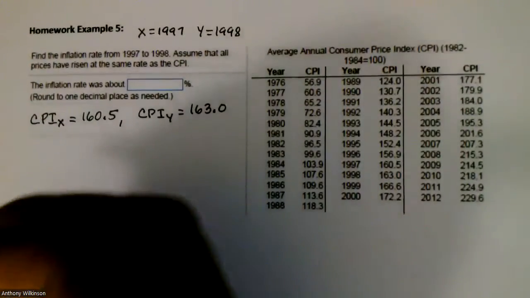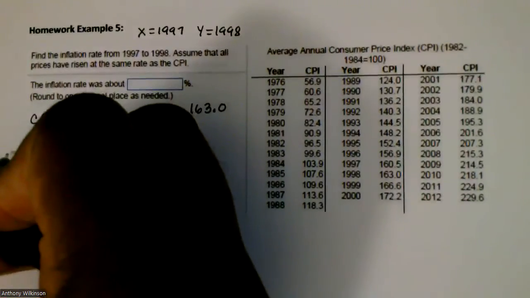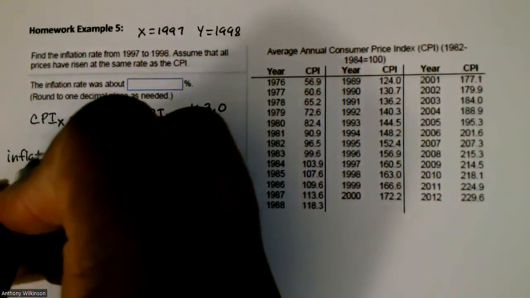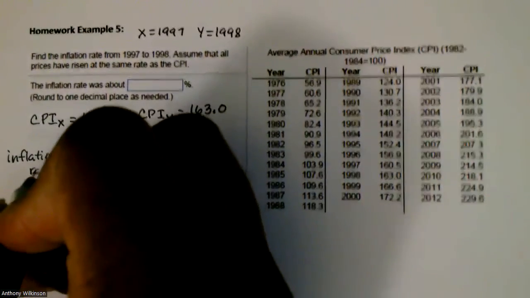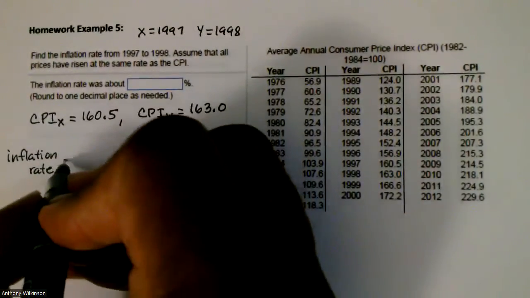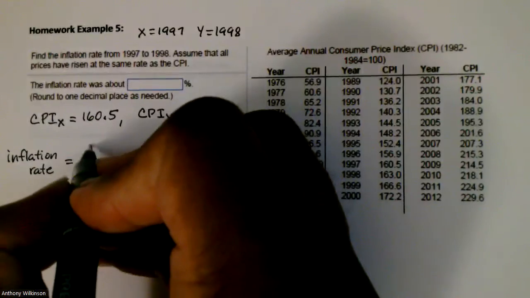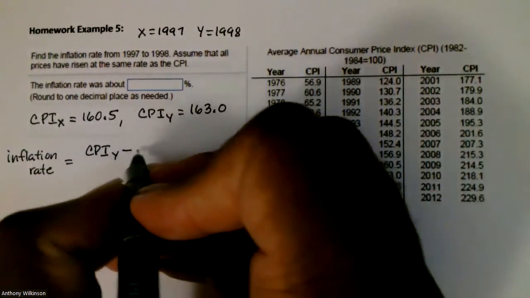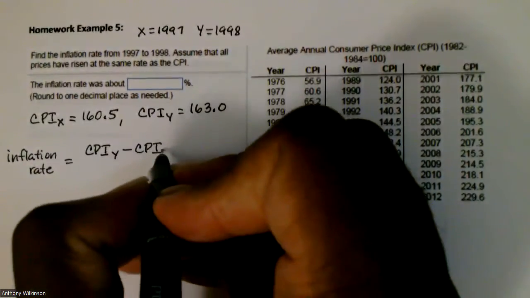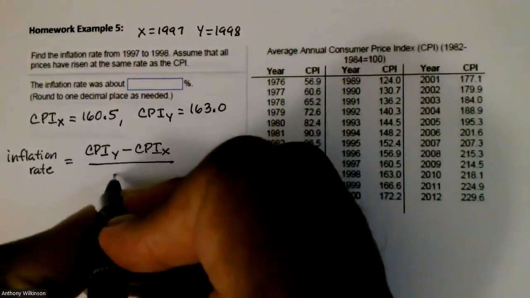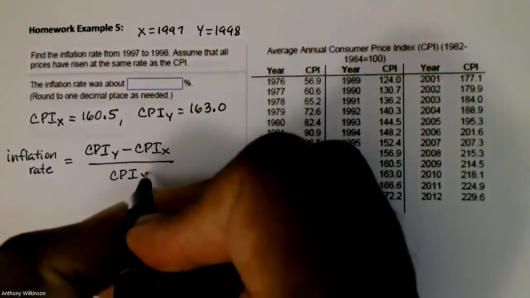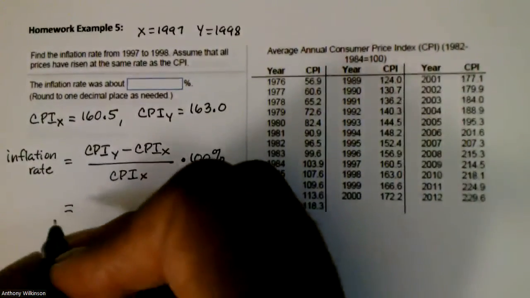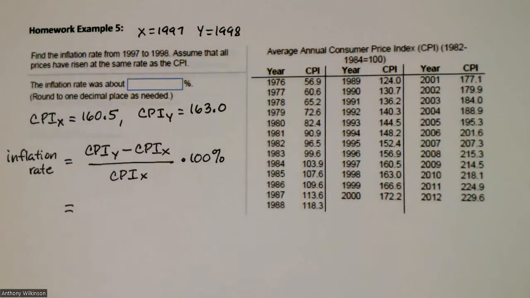All right, so now the way we're going to find the inflation rate is this. That's going to be equal to the consumer price index for Y minus the consumer price index for X, divided by the consumer price index for X, times 100%. Now let's do some substitution.